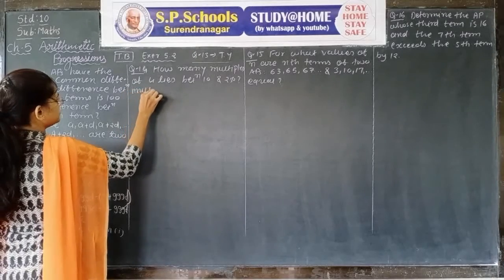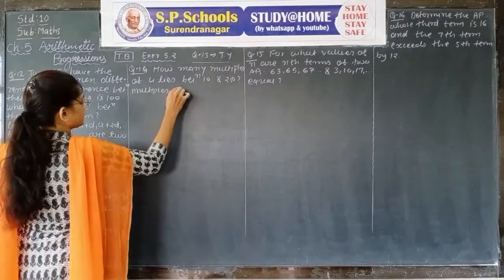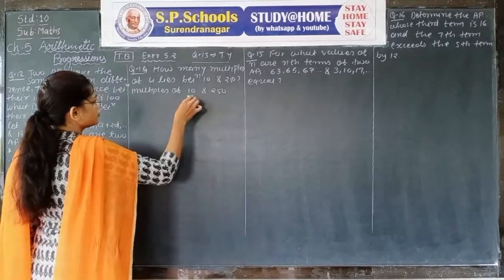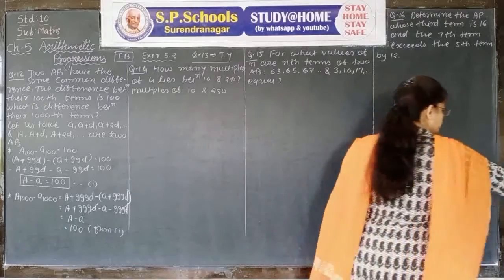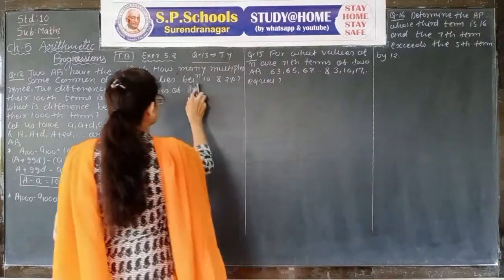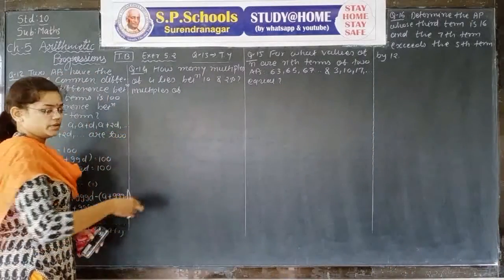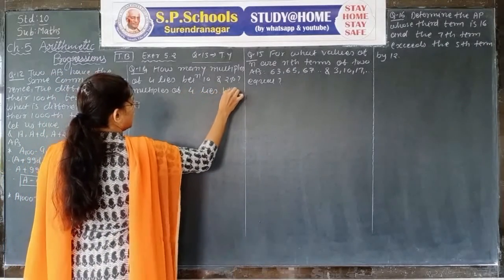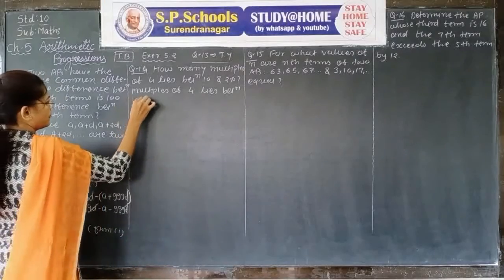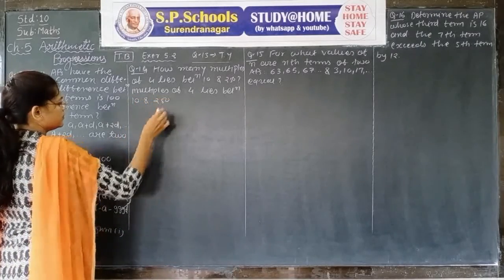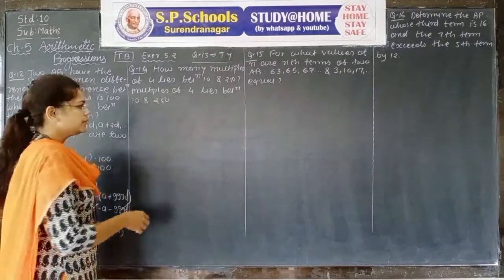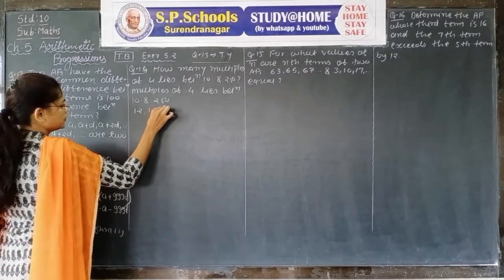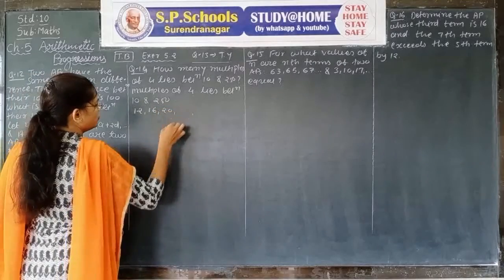We require multiples of 4 that lie between 10 and 250. Multiples of 4 means the numbers divisible by 4. The first number is 12, then 16, then 20, and so on.